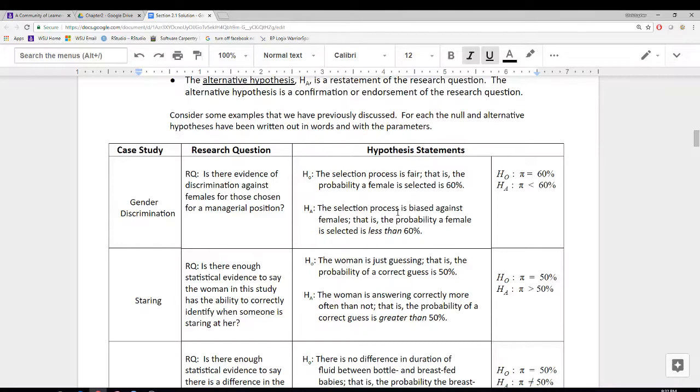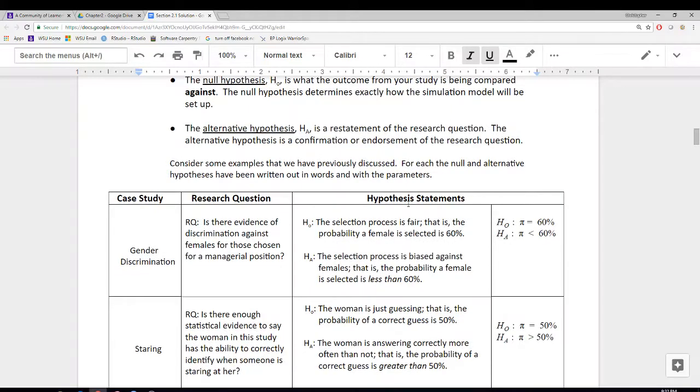Whereas the null hypothesis is where the parameter value being used to develop the simulation model is placed. The null hypothesis for the gender discrimination case is that the selection process is fair and that there's no discrimination.